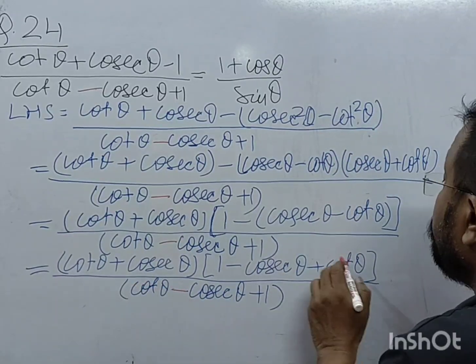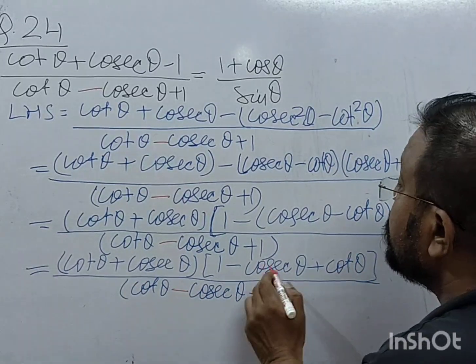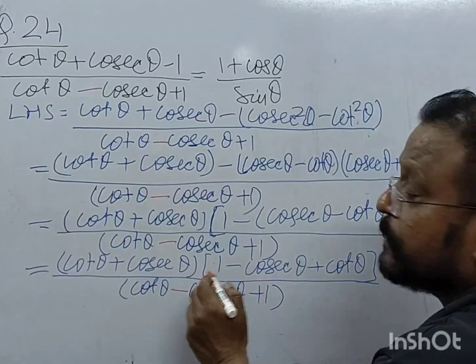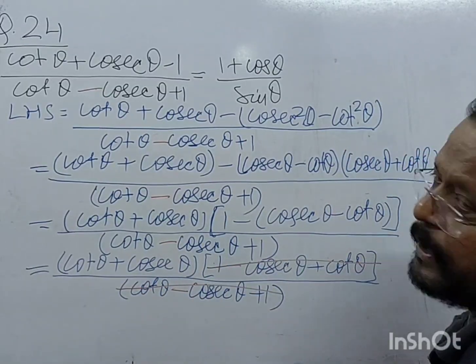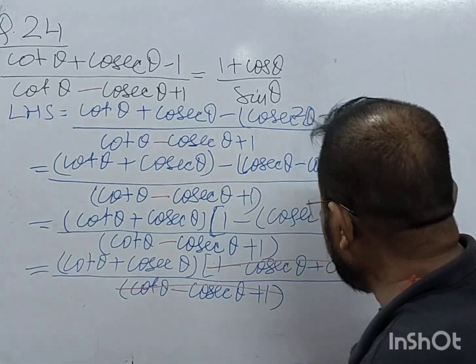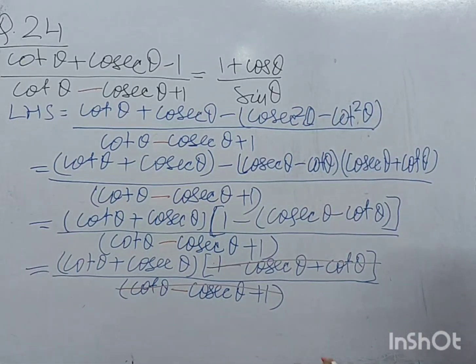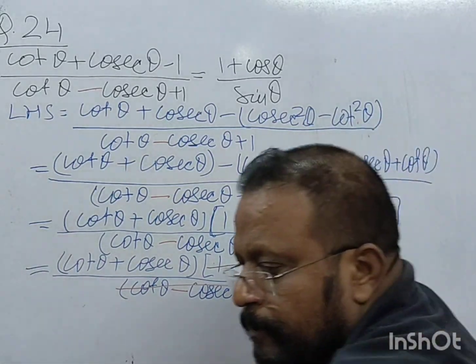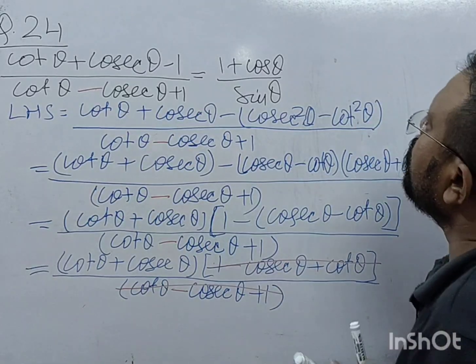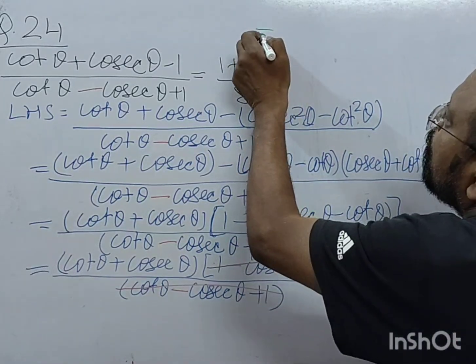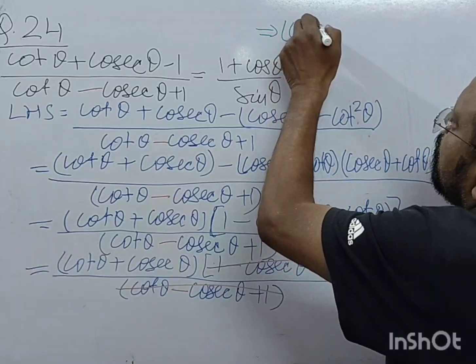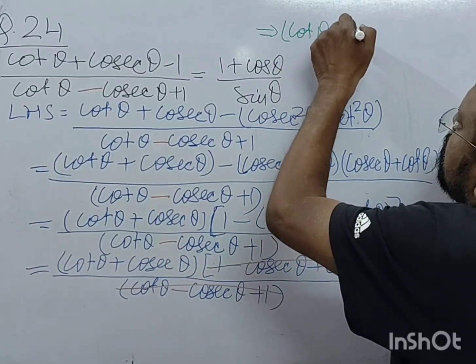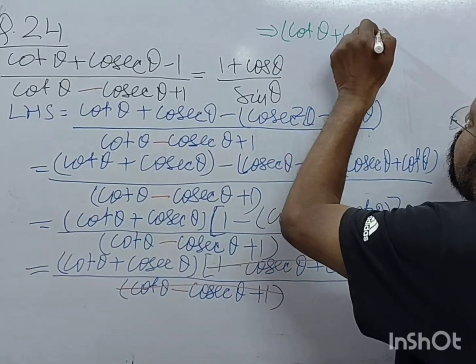So cot is in plus, cosec is in minus, 1 is in plus. So they will cancel out, right? So what you get at last? You are going to get cot theta plus cosec theta.